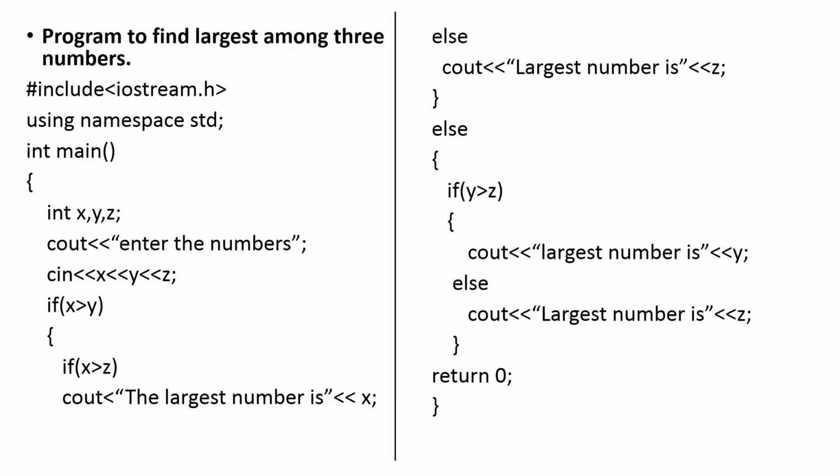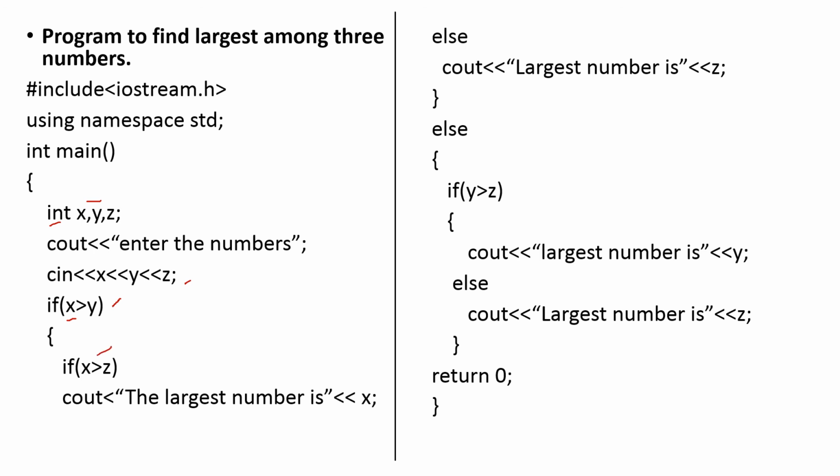So the next program is to find the largest among three numbers. Here the three numbers we have given are x, y and z, and they are integers. Next step, enter the numbers as usual, and then we check the condition: if x is greater than y. If it is true, then check whether x is greater than z.